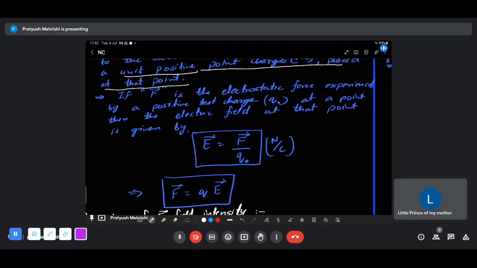But what is the magnitude of Q naught? It can be anything. And how can we write electric field? See, force on charge Q naught is F. Then force on 1 coulomb charge will be F upon Q naught. Force on 1 coulomb charge, that is F upon Q naught, is the electric field at that point.